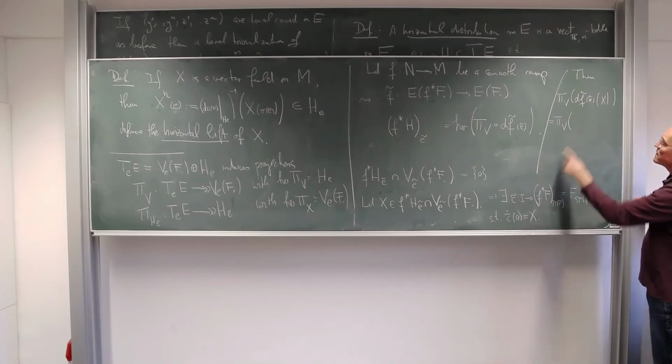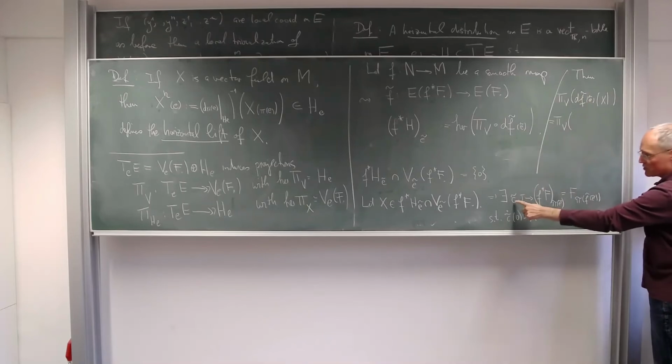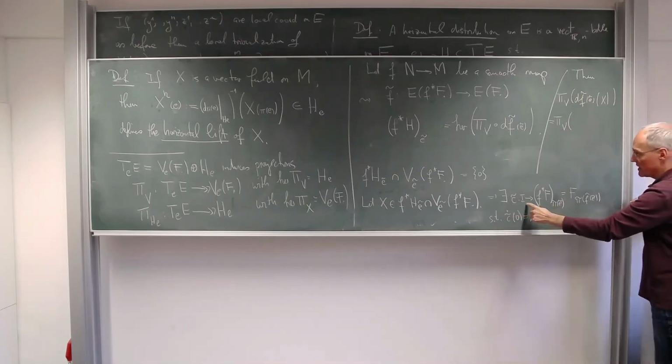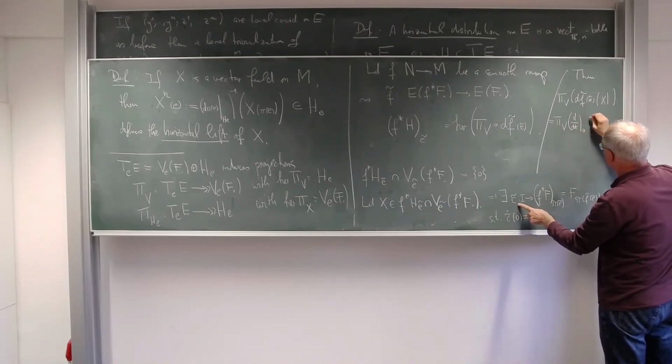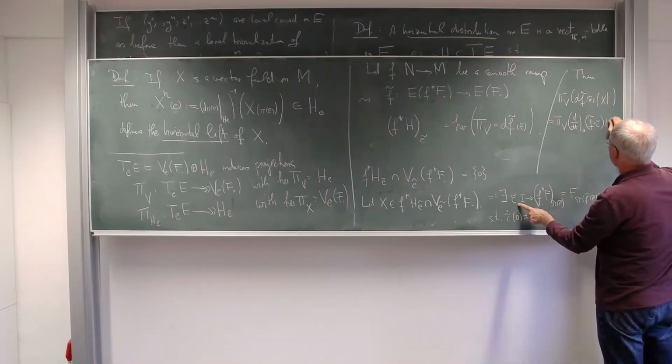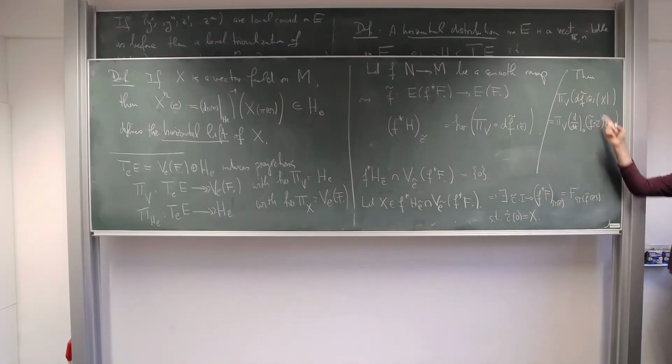So I can compute this by applying the map f tilde to the curve c tilde and then differentiate. Right? That's essentially the chain rule which defines the differential of f tilde.